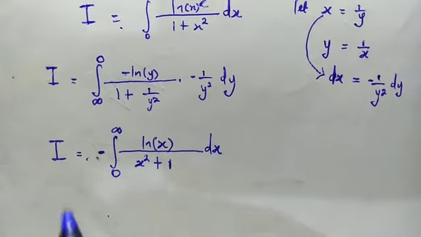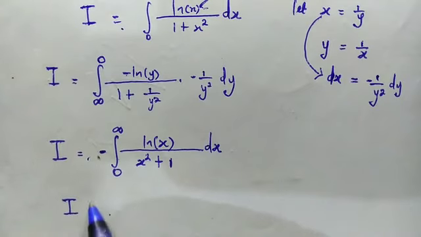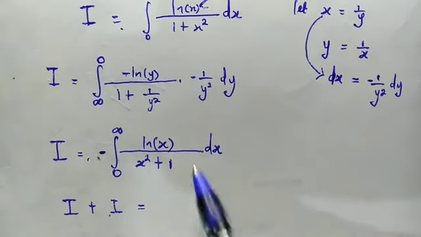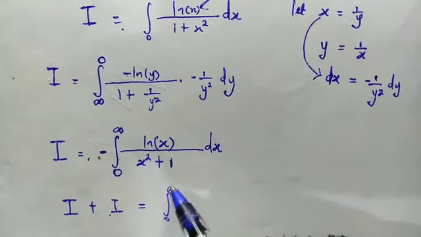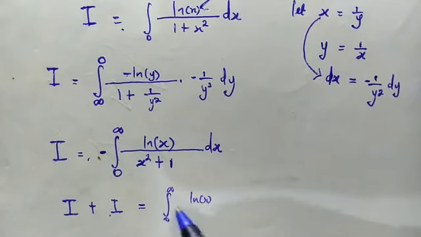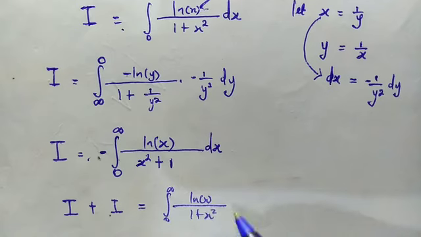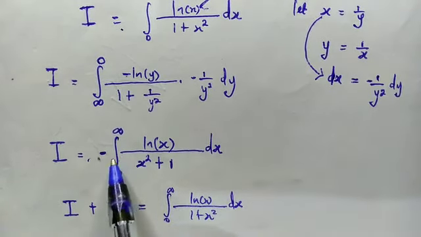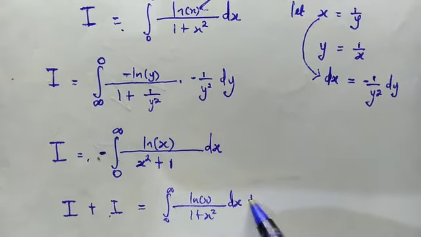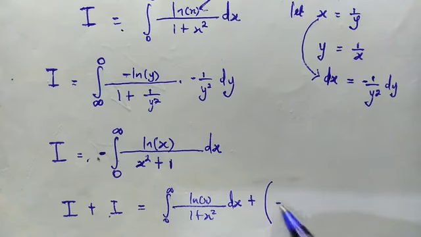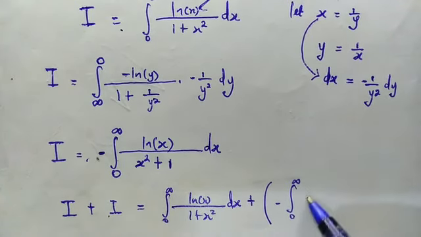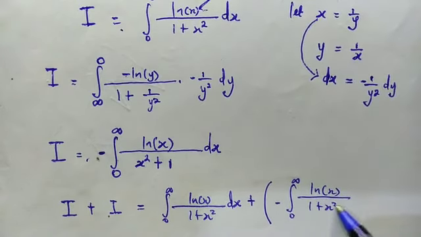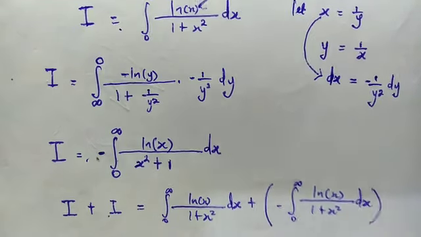So here we have I plus I will be equal to the first one, the integral from 0 to infinity of the natural log of x over 1 plus x squared dx, plus the second one, let's put it in brackets, that is the negative integral from 0 to infinity of the natural log of x over 1 plus x squared dx.